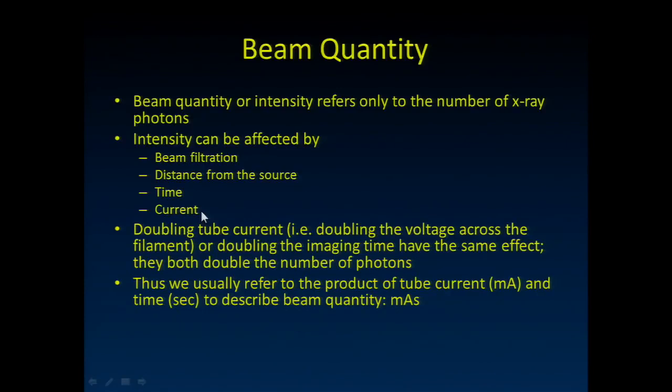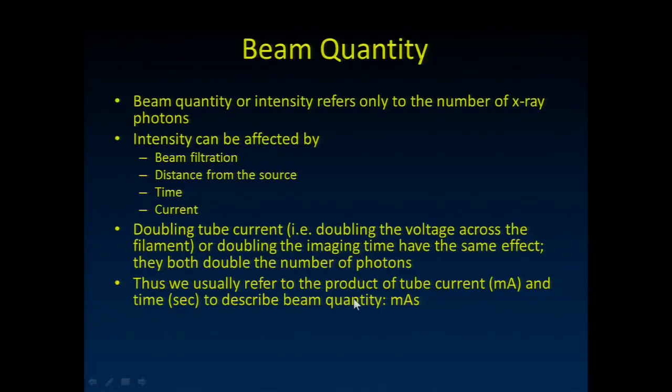When they hit the anode, they're hitting with the same kinetic energy, but there's just more of them. We've increased the quantity of the beam. Doubling that current doubles the number of X-rays produced. Doubling the amount of time that we image for doubles the number of X-rays that were used. And so we usually say that that product, the current times the time, the milliamp seconds, is the important quantity.